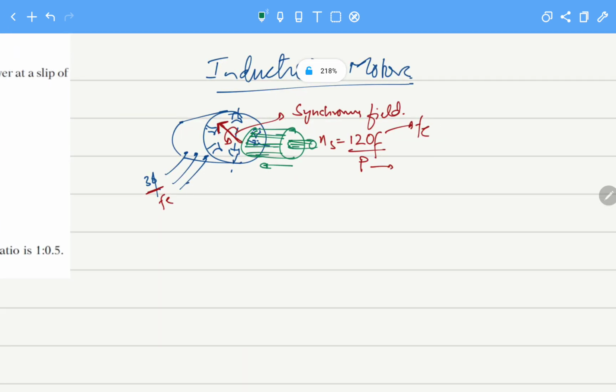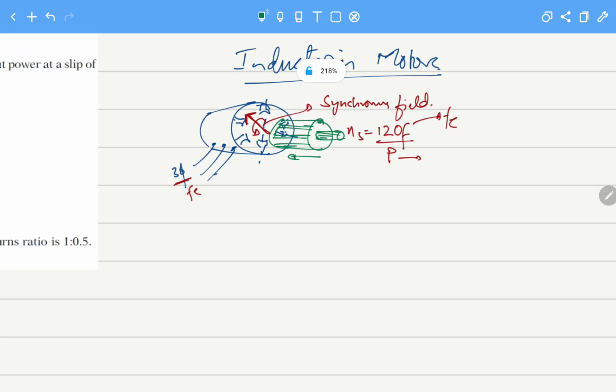This is a cage type rotor, and as these windings are short circuited, currents flow and the rotor starts rotating, trying to follow the rotating magnetic field, the synchronous field, because the rotor has its own magnetic field. It attains a speed, and the speed of the rotor is called the mechanical speed of the machine.